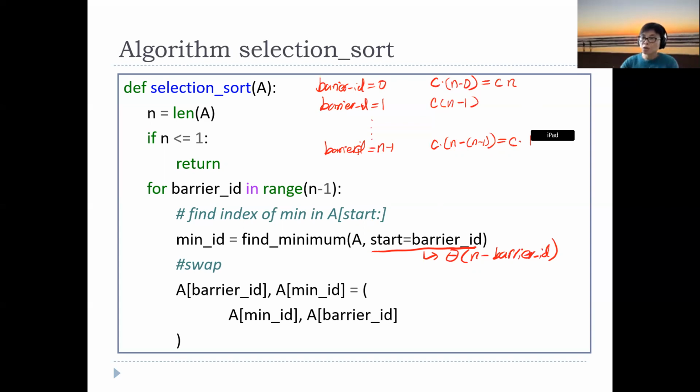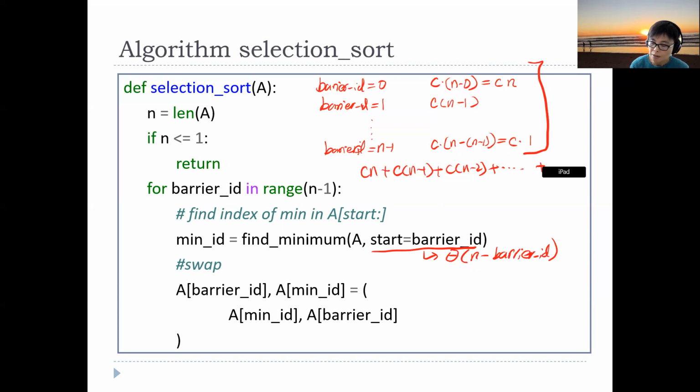What is the total cost? The total cost is the sum of all of them, which means the total cost of this algorithm becomes Cn plus C(n minus 1) plus C(n minus 2) plus and so on, because this is the time for the first iteration, the second iteration, the third iteration. Altogether, this gives us C times n plus (n minus 1) down to 1.